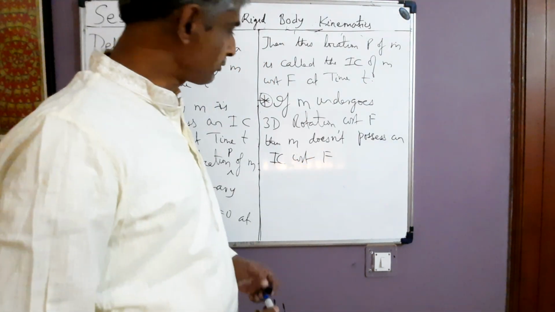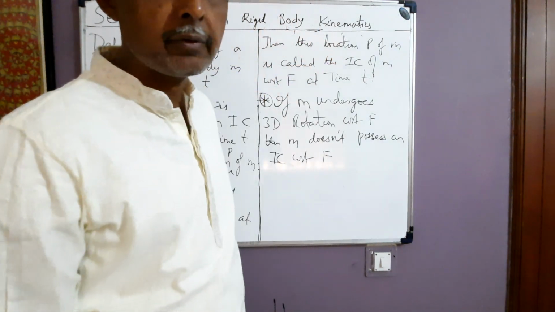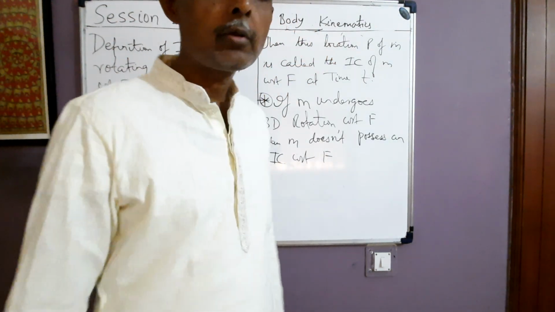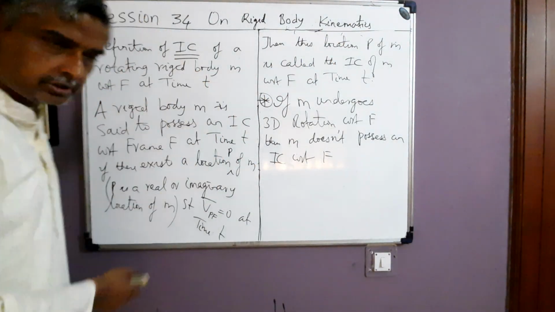If M undergoes 3D rotation with respect to F, then M doesn't have an IC with respect to F. IC becomes non-existent. Why? Reason is this.